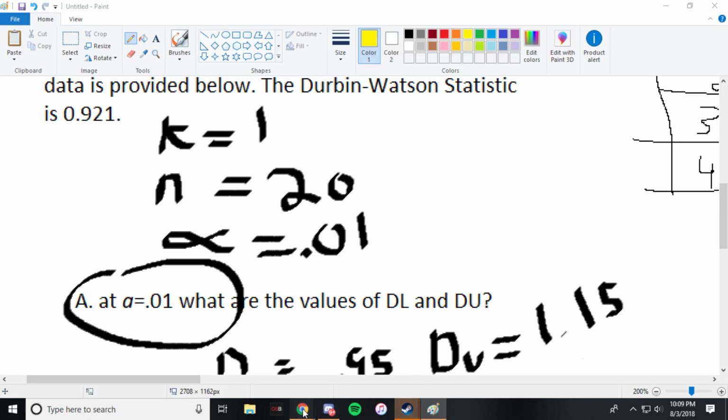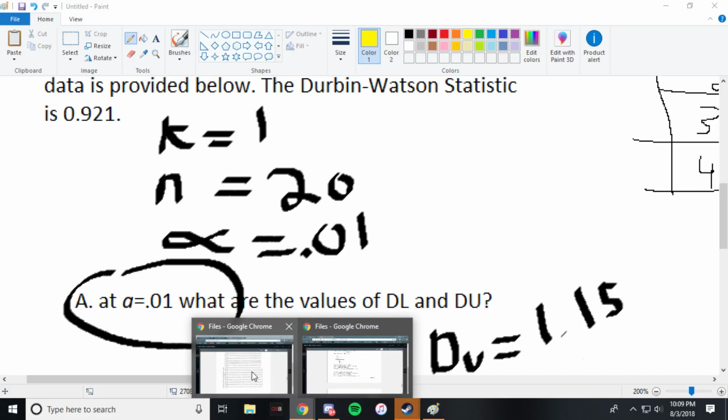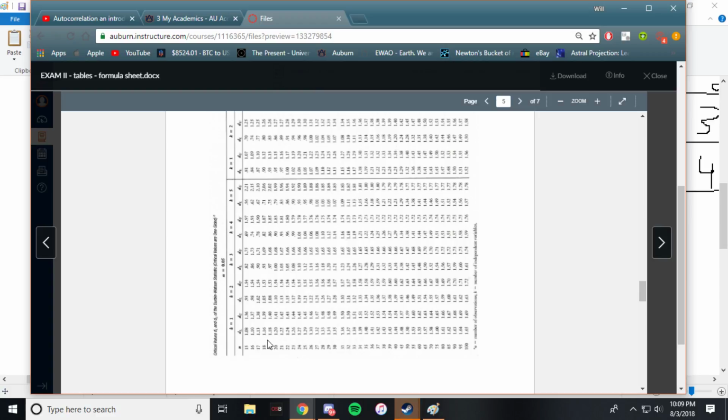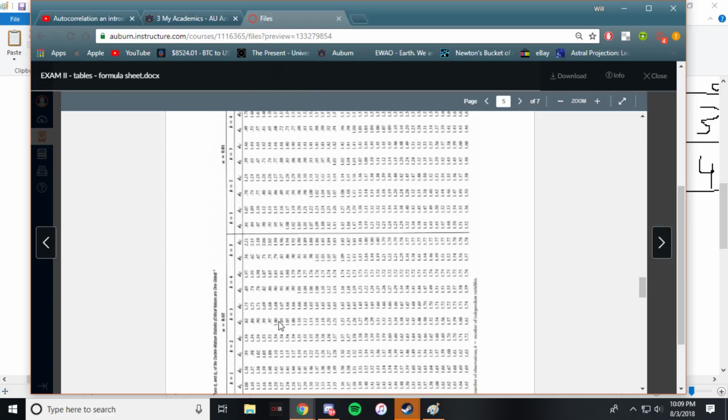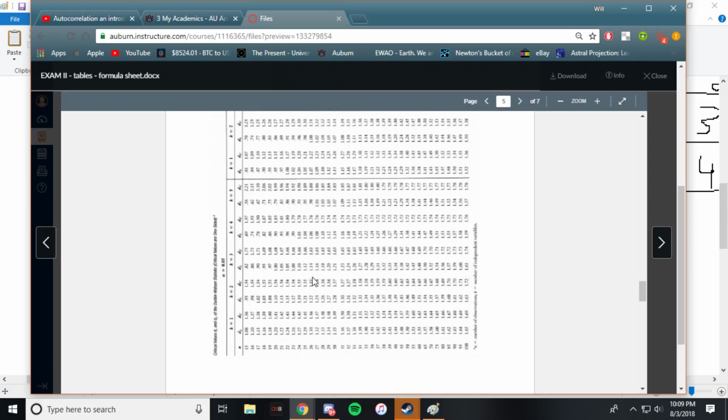Now, with this new information, we can go into the table. I apologize that this is not rotated 90 degrees clockwise, but this is what we have to work with. If you turn your heads to the left, you will see that this half of the table is for an alpha level of 0.05. That's not what we are interested in.